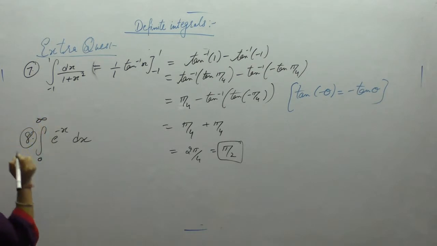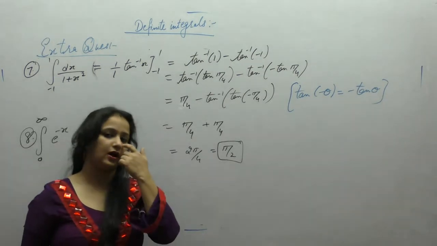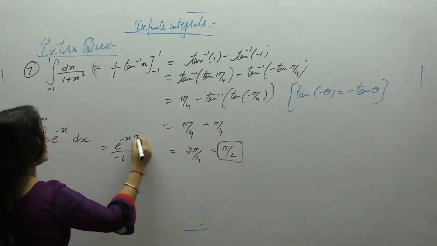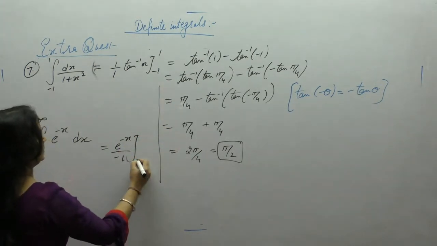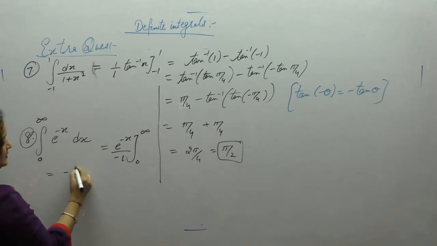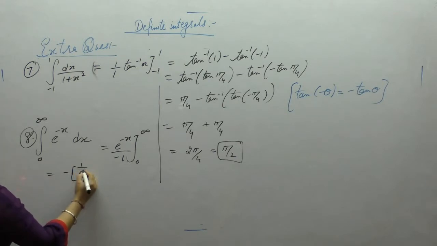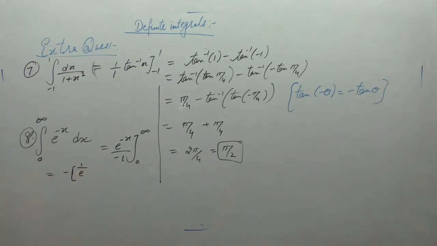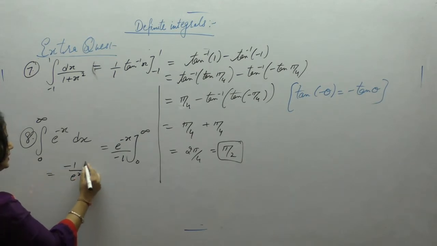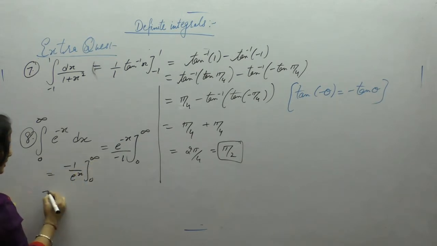Next is e minus x. Integral of e^x is e^x. There is minus x, so 1 in minus 1, 0 to infinity. Minus 1 upon e^x. Can write it as minus 1 upon e^x, 0 to infinity.